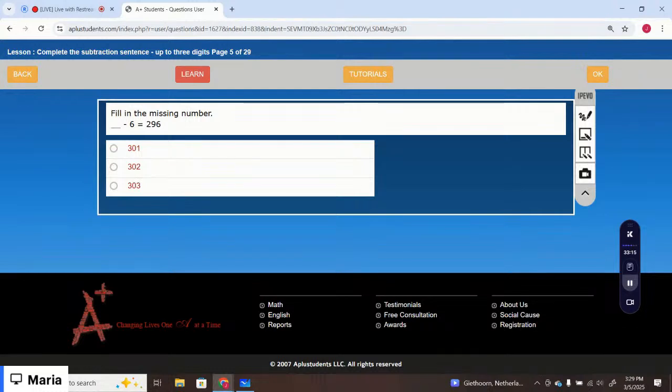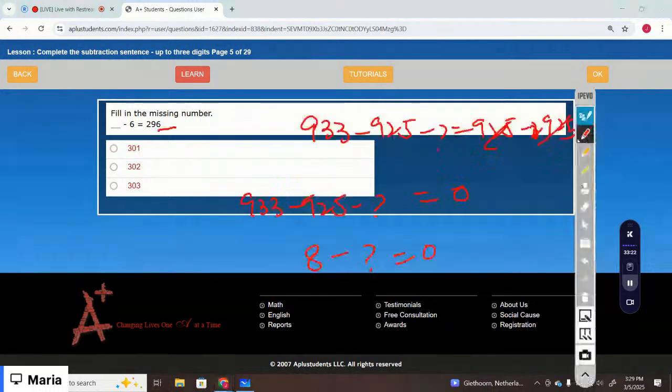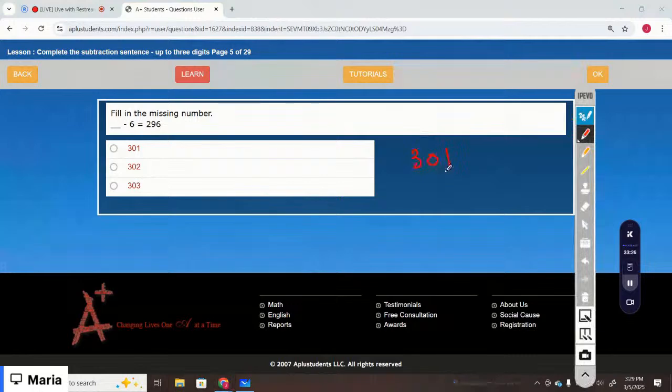So which is the correct option? Let's just check with the first option, right? That is 301. 301 take away 6.